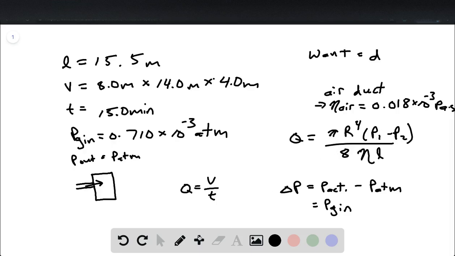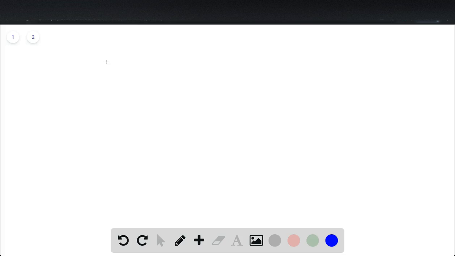So now we can just rearrange it. We want to solve for the radius ultimately, because we know that the diameter is really just 2 times r. So we're going to use Poiseuille's equation to calculate r from the given variables, and then we can calculate the diameter, which is what we want, by just multiplying that radius by 2. So we can start writing out the equation that we need.